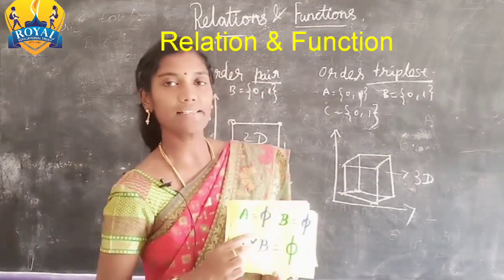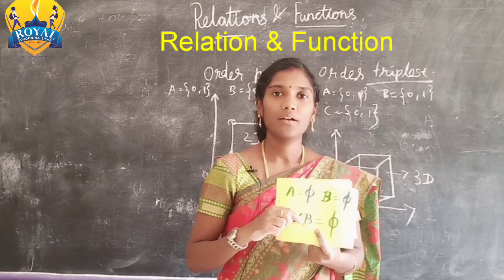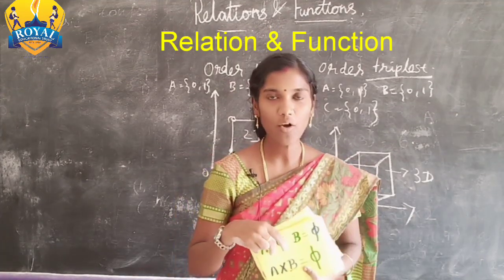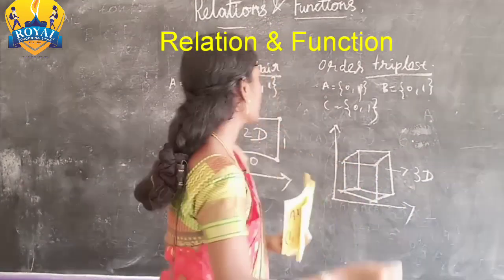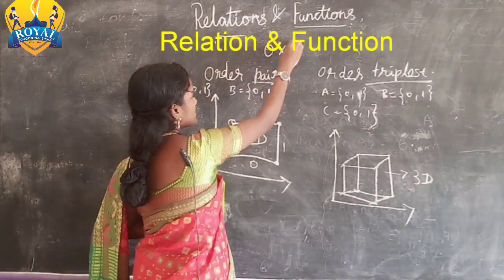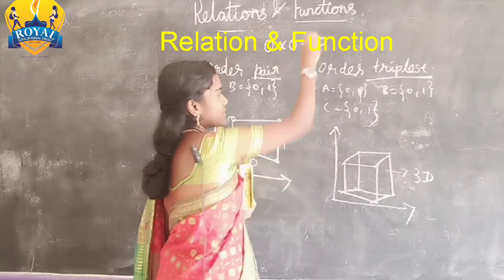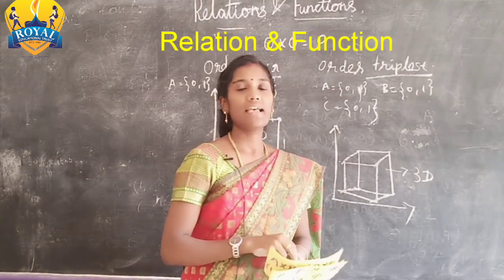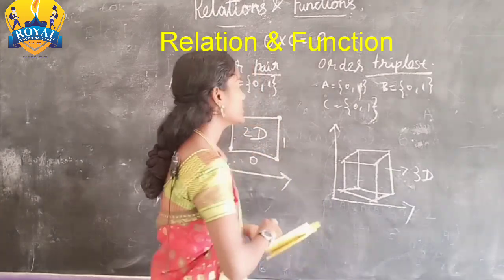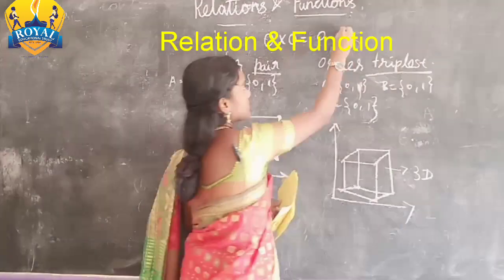Then the third condition is, if you multiply 0 cross 0, what is the answer? Yes, that is 0. In mathematics, empty means you denote the set as an empty set.